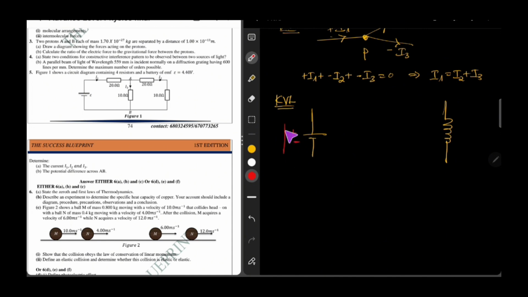Current usually flows from a lower potential to a higher potential, and in that case the potential difference in this direction will be positive. That is the case of a battery or a cell. What about a resistor? For a resistor, current moves from a higher potential to a lower potential in this direction, conventionally.